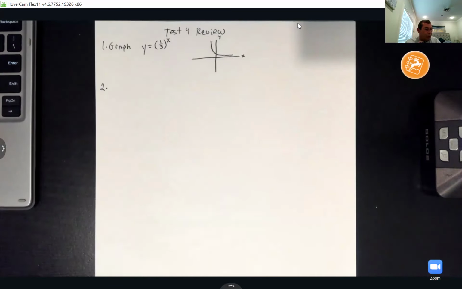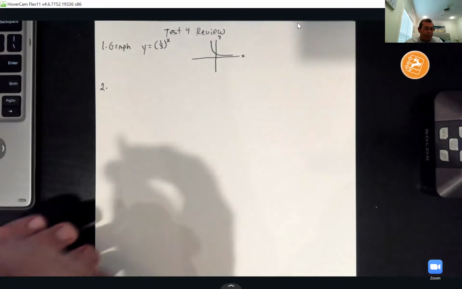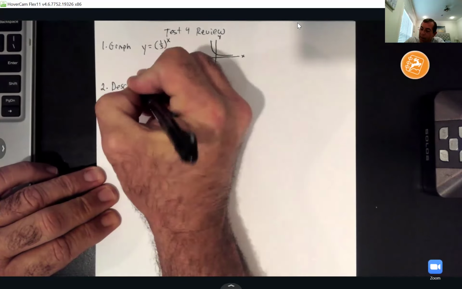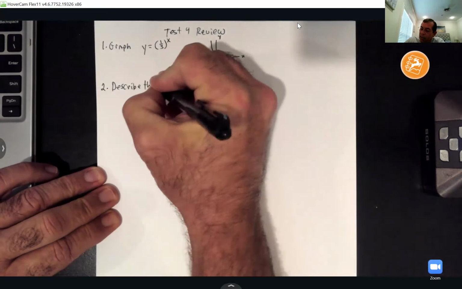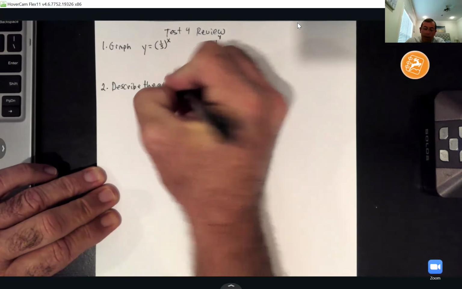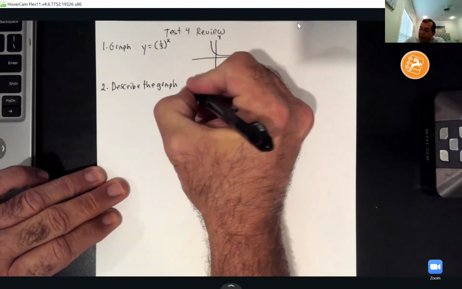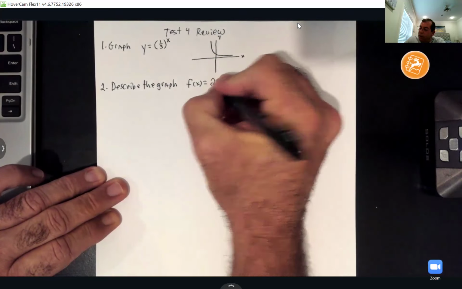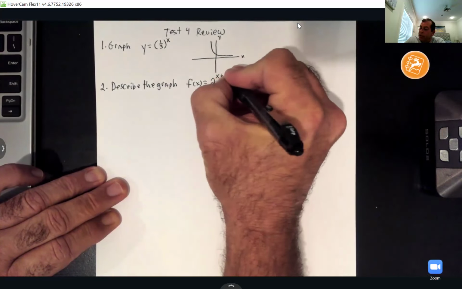All right, so then number 2 and 3 were describing the graph. So they're giving me f of x equals 2 to the x plus 4.